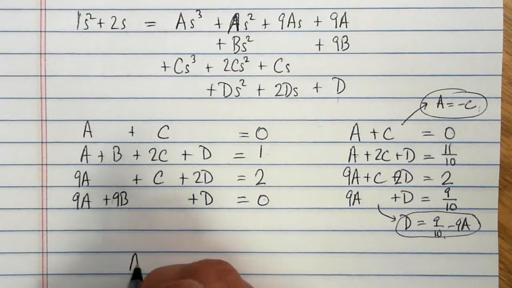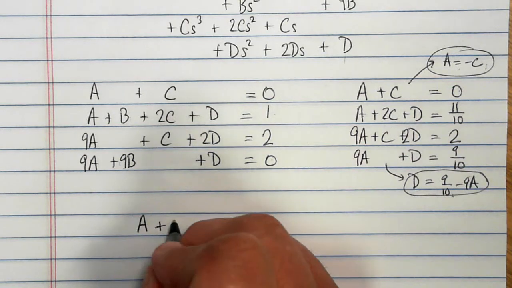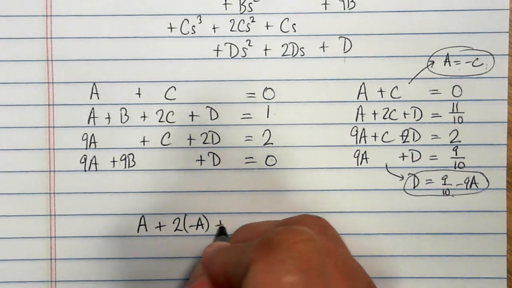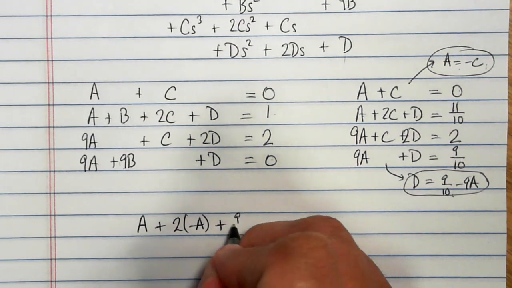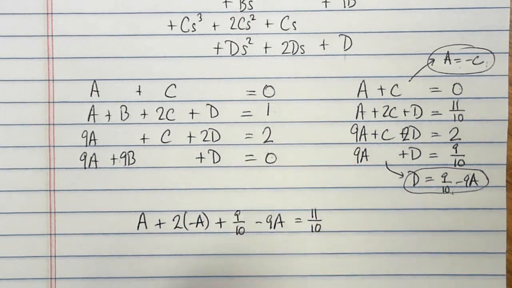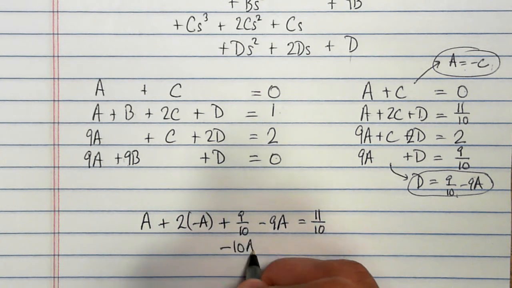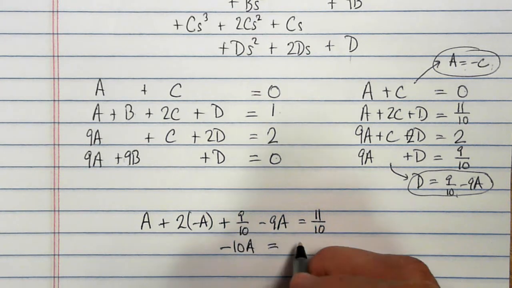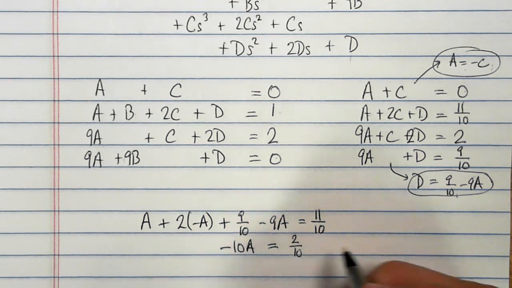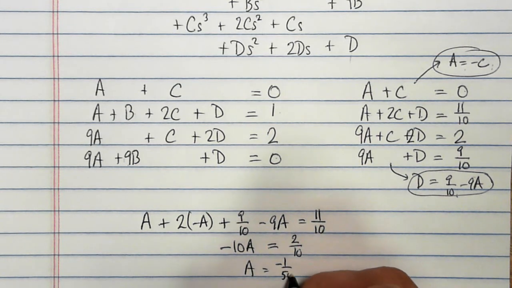So we have a plus 2 times c plus d is equal to 11/10. Okay, so we have -10a is equal to 2/10, or 1/5. And so that makes a equal to -1/50.